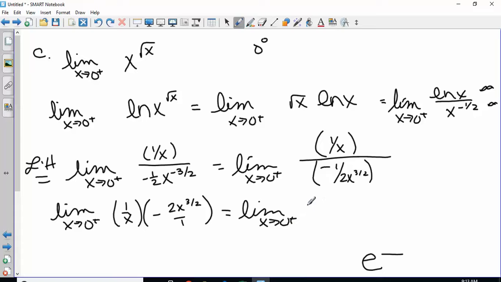We have x's on top and bottom, we subtract their exponents. So we get negative 2x to the 1/2. So 1/2 power is the square root, so negative 2 times the square root of 0 is just 0. So my final answer is e to the 0 power, which is 1.